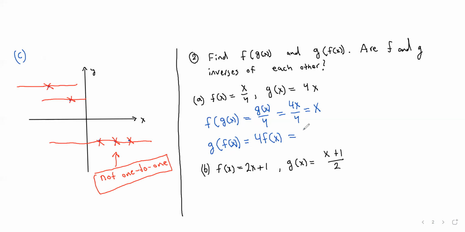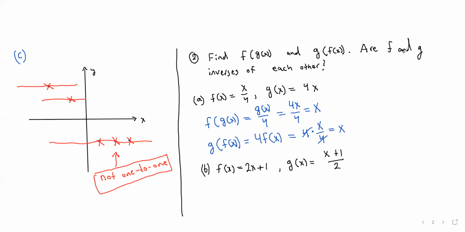So 4f of x becomes 4 times x over 4. Here the 4 times the 1/4, so we have a 4 over 4 that becomes a 1. So the 4's cancel, and we just have x. So what we have is f of g of x equals x, and g of f of x is x.